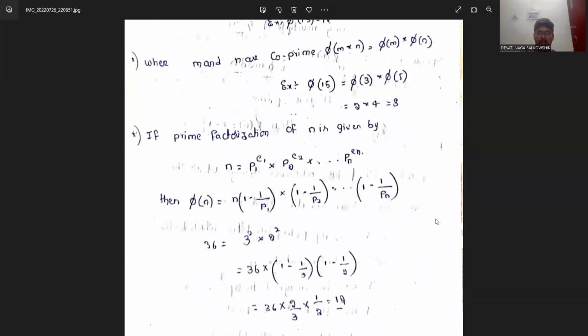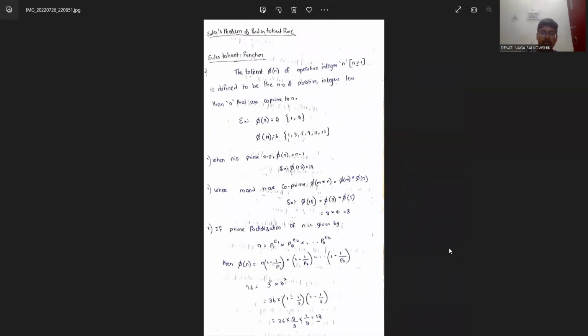Substituting in the above equation, we get 36 cross 1 minus 1 by 3 into 1 minus 1 by 2, which is 36 into 2 by 3 into 1 by 2. By calculating this, we get 12. So phi of 36 is equal to 12.